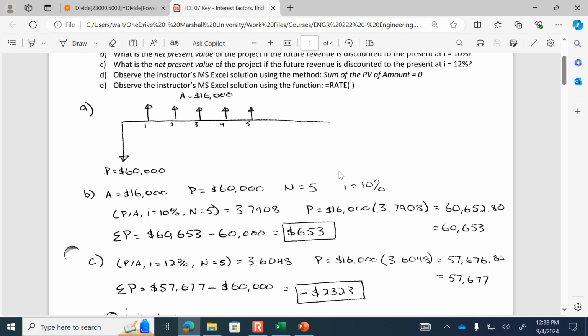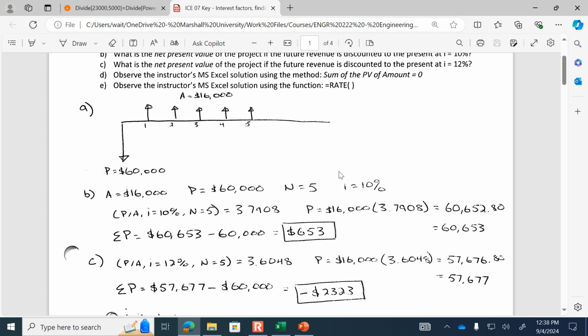It's because each one of the revenue amounts, if you move it towards time 0, is being discounted at 12% for each step. Whereas the sum of the revenue was positive at a discount rate of 10%, because if you move this 16,000 in year 5 to time 0, it's only moving 1, 2, 3, 4, 5 years at 10%.